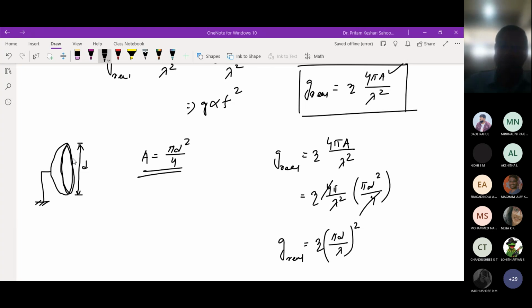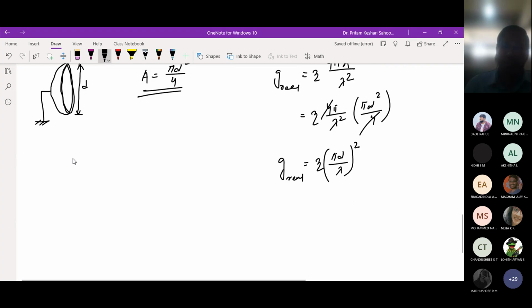Now here we know that lambda is equal to c divided by f. So I can write eta into pi divided by c into f d, whole square. This term pi divided by c is a constant, because pi is known and c is the speed of light.